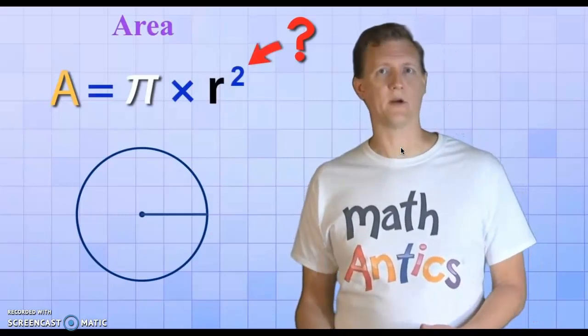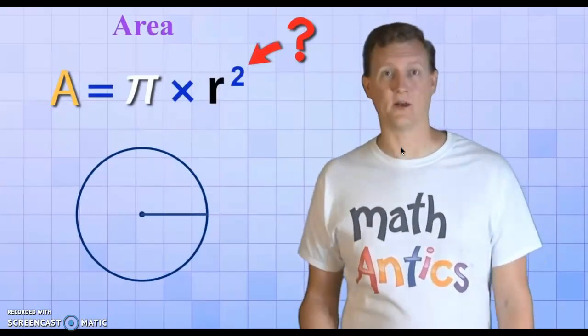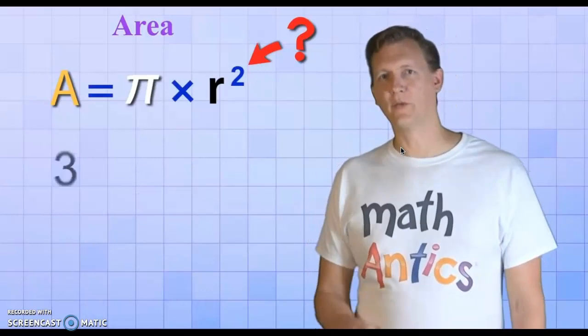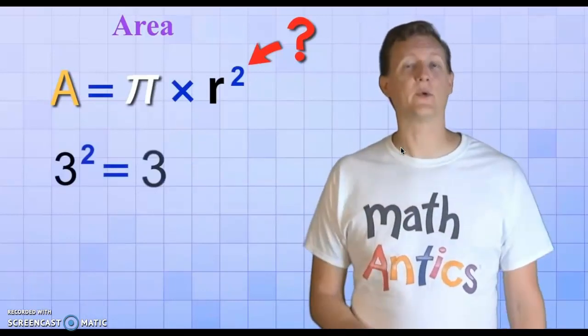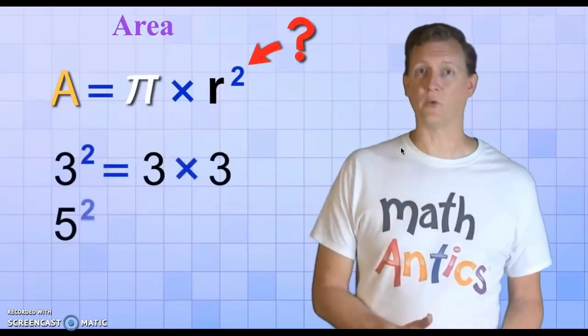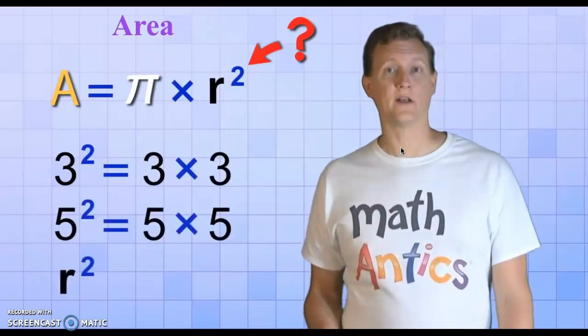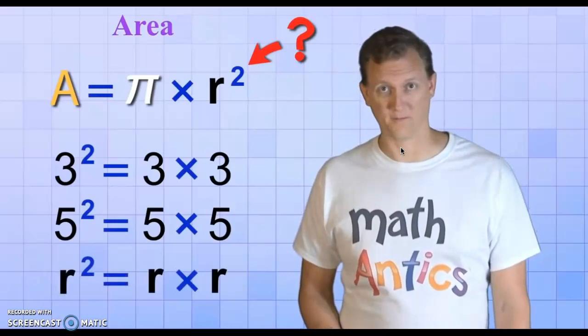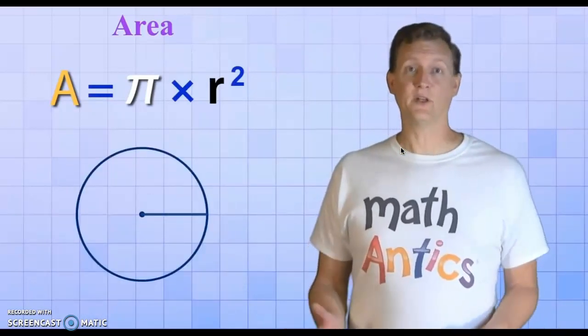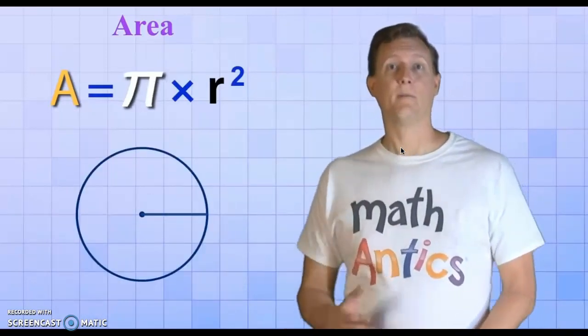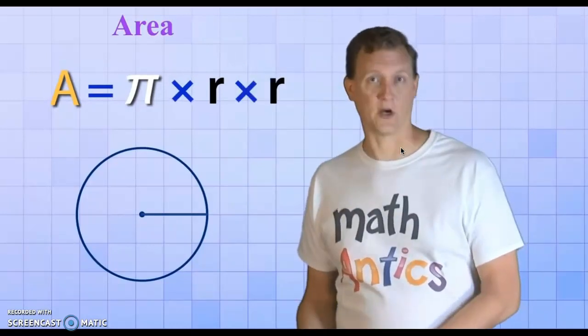Well, squaring a number just means multiplying it by itself. For example, 3 squared just means 3 times 3. And 5 squared just means 5 times 5. And r squared just means r times r. So our formula is really just area equals pi times r times r.